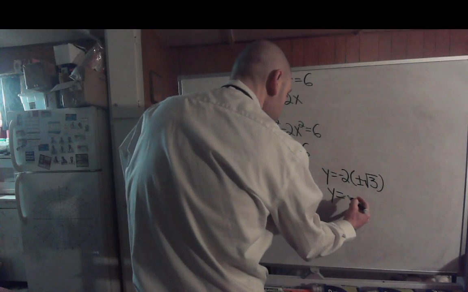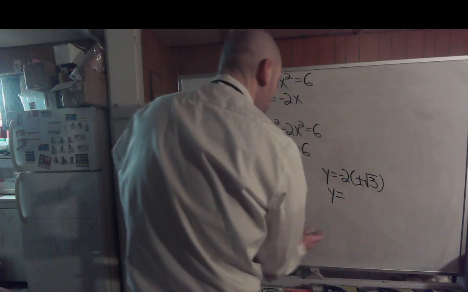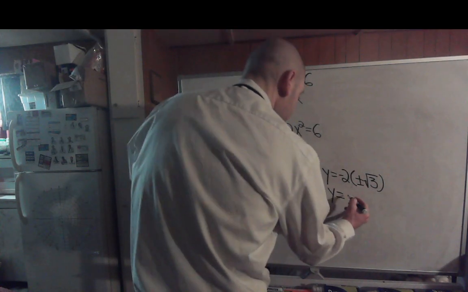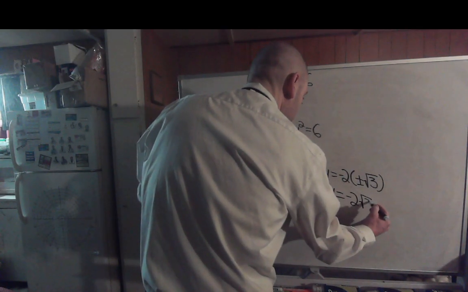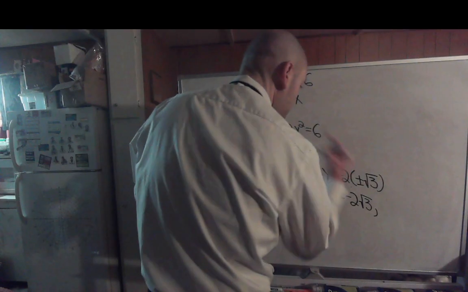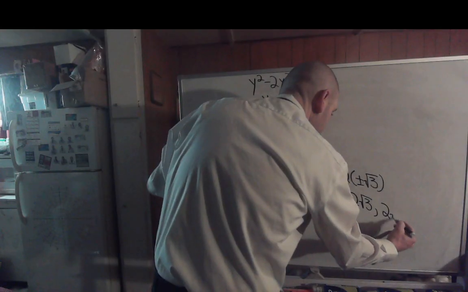So if x is positive square root of 3, you'll get y equals -2 times the square root of 3. And then if x is negative square root of 3, you'll end up getting positive 2 times the square root of 3.